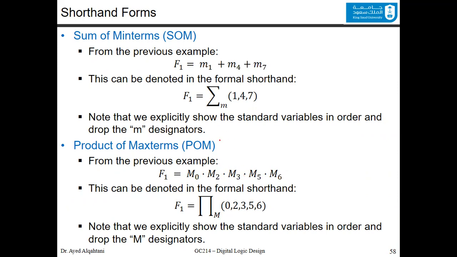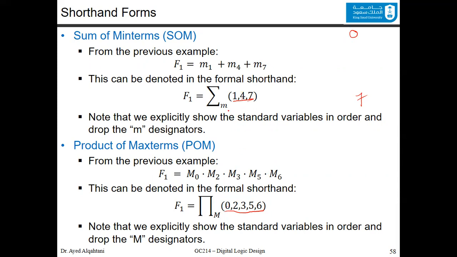Since we worked on this example, you can see we had 3 variables. If we have 3 variables, then the indexes start from 0 to 7. If you have some indexes of min terms, then the rest will be in the max terms.